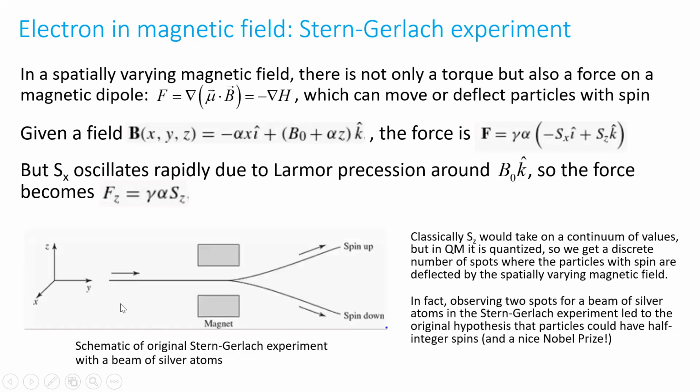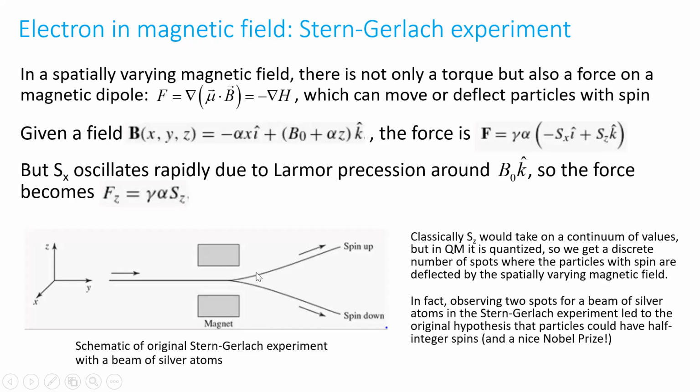To conclude, we have a schematic here which shows the beam of silver atoms coming in. Silver atoms wind up having a net spin of 1/2. They pass through the magnet, where the magnetic field becomes spatially varying. So they're deflected, but not by any arbitrary amount, because the spin is quantized. SZ is quantized.